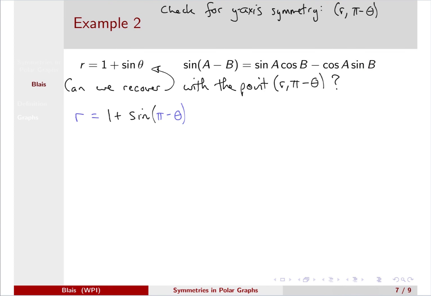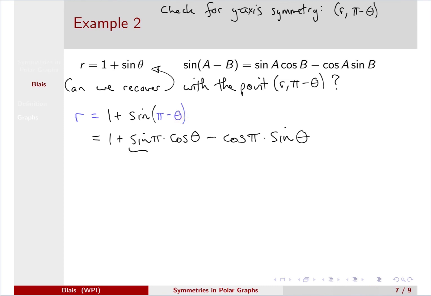And so this becomes 1 plus, using our identity, pi plays the role of a, theta plays the role of b. We have sine of pi, times cosine of theta, minus cosine of pi, times sine of theta.